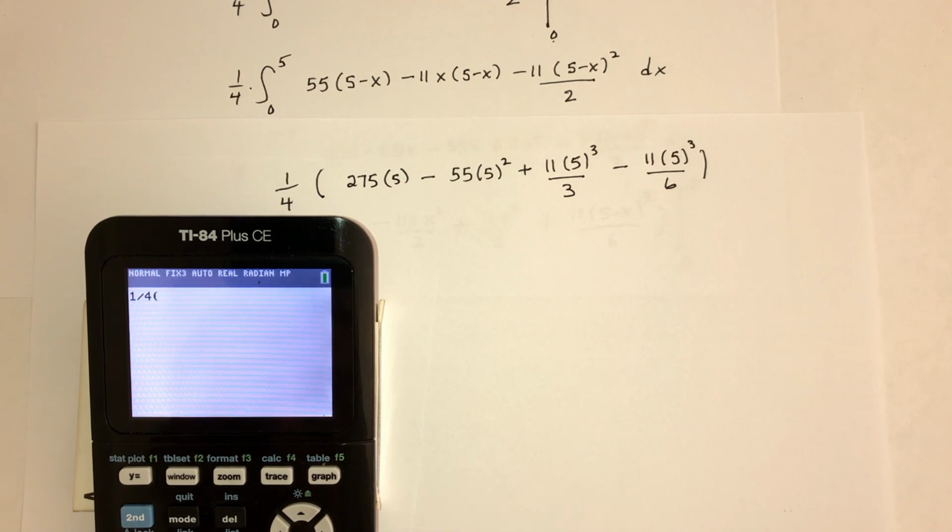One quarter. And then 275 times 5 minus 55 times 5 squared, and then plus an 11, and 5 gets cubed, and that's divided by 3, and then minus 11, and 5 gets cubed, and that gets divided by 6.